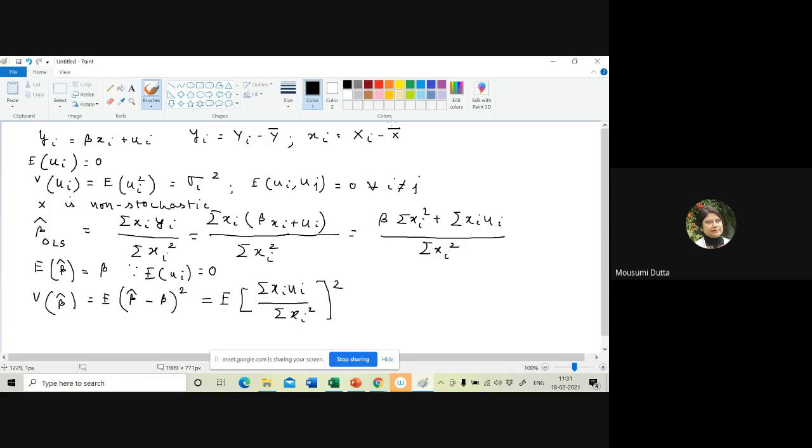Model assumptions are as follows. Expectation of ui is equal to 0, first assumption. Second assumption is regarding the variance as well as the covariances. Variance of ui is equal to expectation of ui square, which is equal to sigma i square.